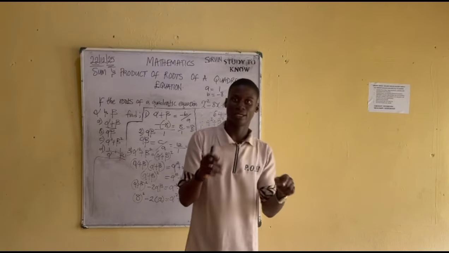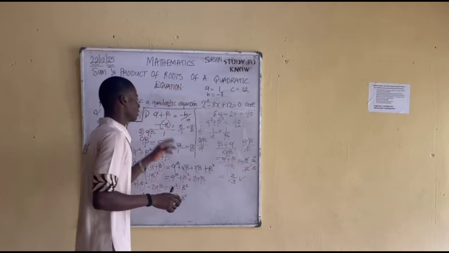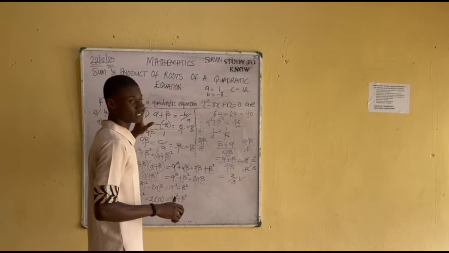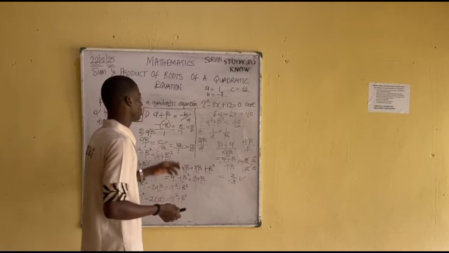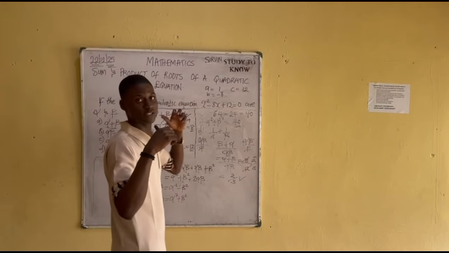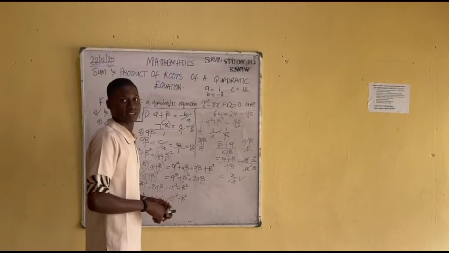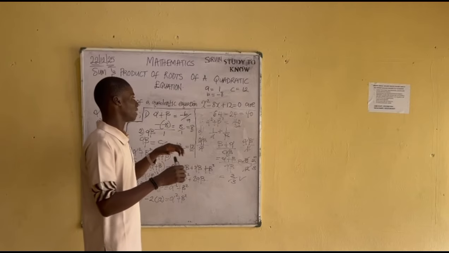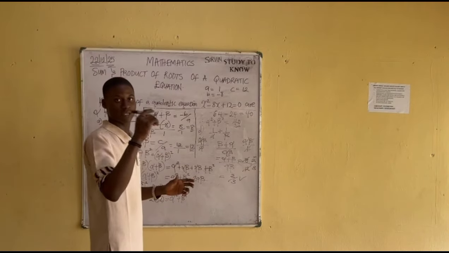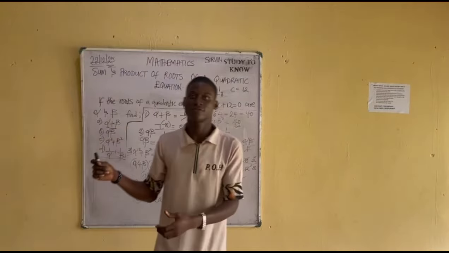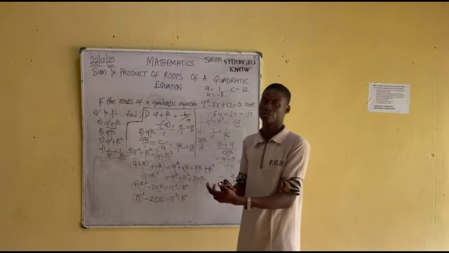Remember what I said earlier, that the essence of this method is that it makes you solve faster by getting a, b, and c first. After getting them, you simply start solving instead of stressing yourself to get the roots of the equation first.